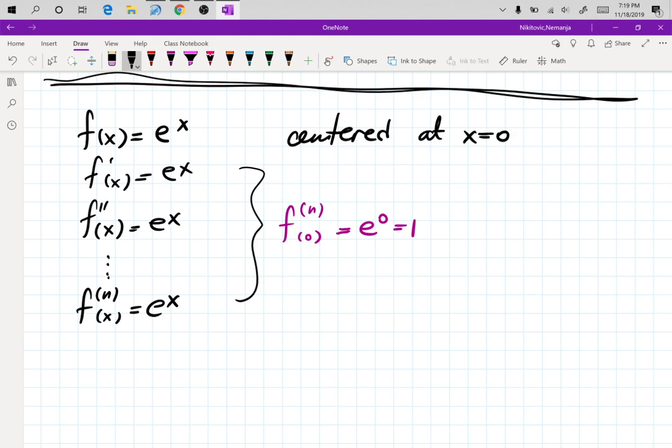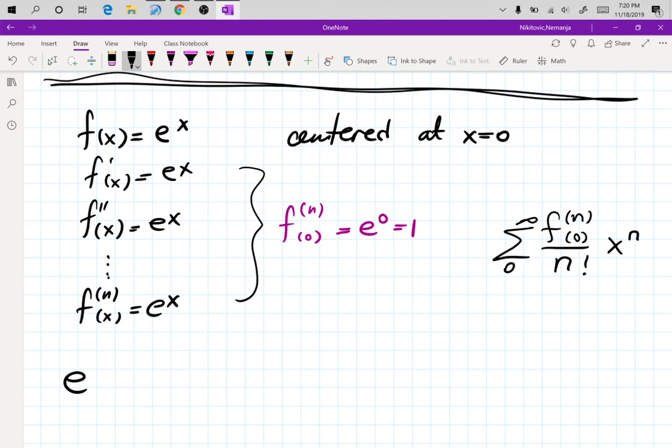All right. Remember that we have the summation of our function computed at 0. Those are all ones. Divided by n factorial. And then x to the n.